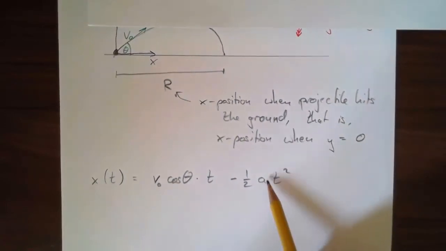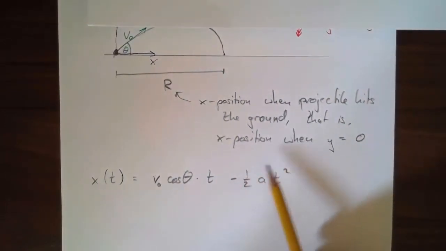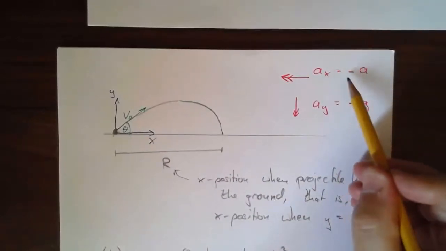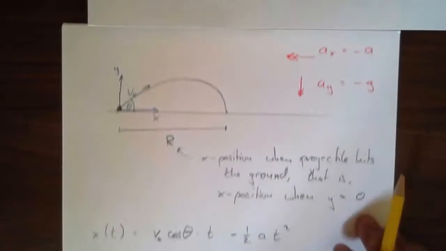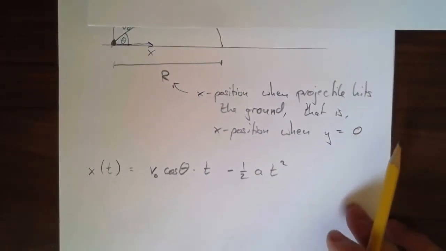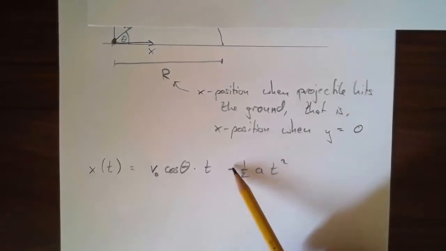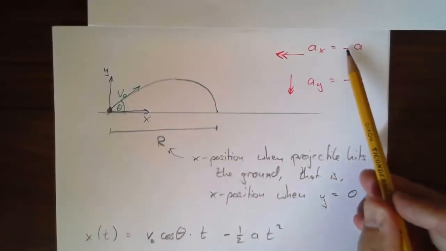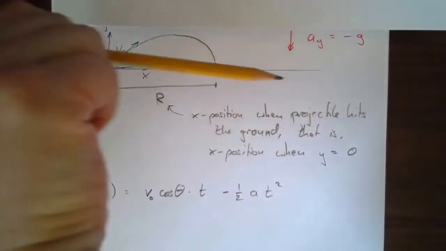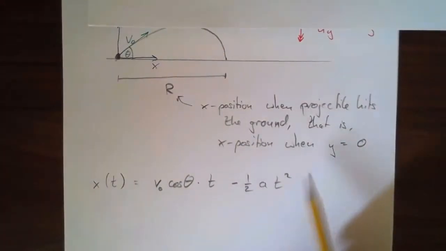It looks like some kind of general expression, but here a is just a specific value, so don't be confused. The minus sign comes from the fact that it's a headwind and it's going in a positive direction, just to the right. Okay, so that's that.